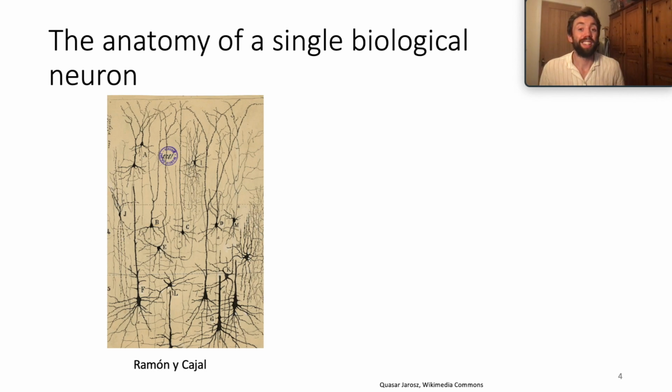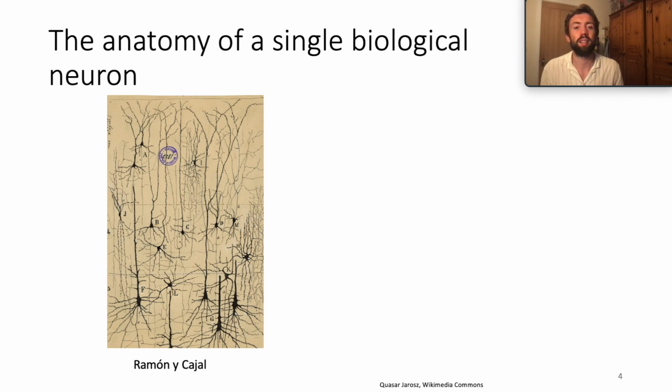So over 100 years ago, the modern study of neuroscience was really founded by a Spanish scientist called Santiago Ramón y Cajal. And Ramón y Cajal had not just an incredible scientific mind and an ability to look at details of neuroanatomy and imagine somehow very accurately the function of what he was seeing.